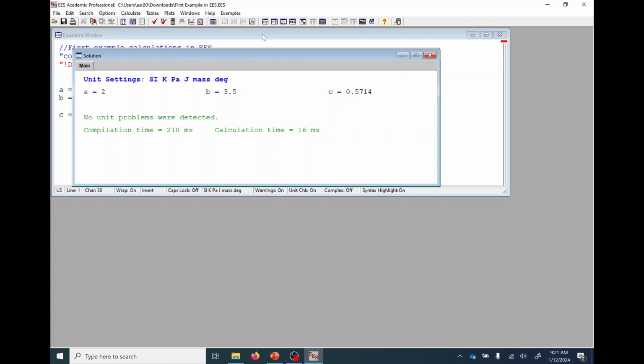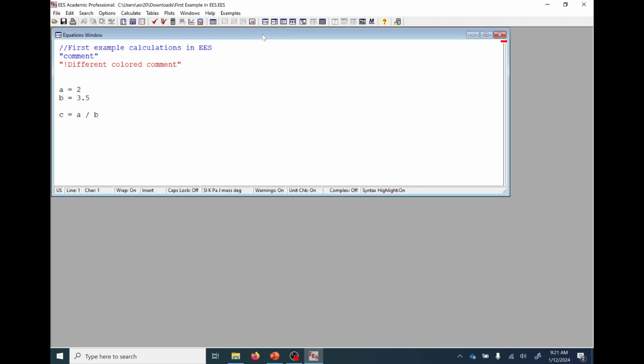Let's go back to the equation window and start changing things up a bit. As noted before, EES solves everything simultaneously. To convince you of that, I'm going to move this to the beginning of my program and run it again. EES is actually going to figure out in what sequence to evaluate different expressions, or sometimes it might have to calculate multiple equations simultaneously such that they all solve.